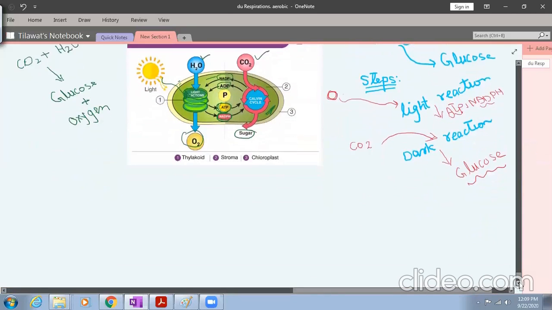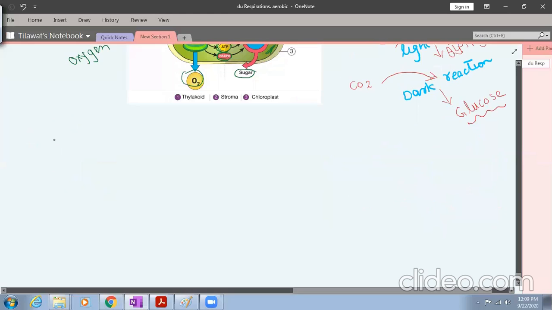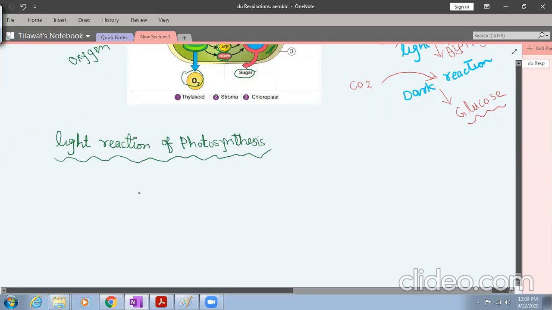Remember boys, light reaction of photosynthesis will happen in the grana part of chloroplast.